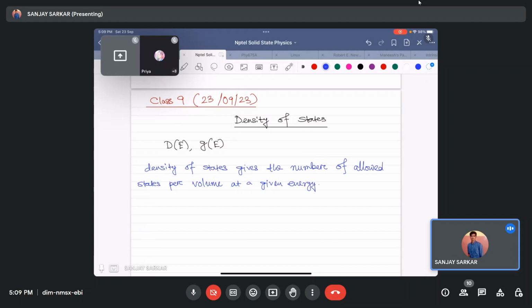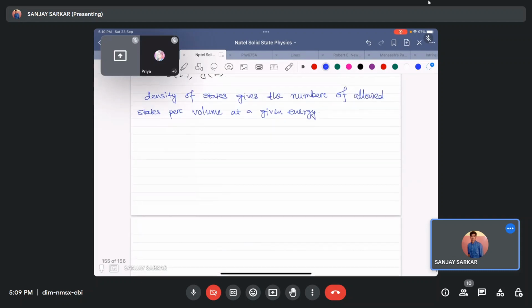So it will be definitely a function of energy because it gives the number of allowed states per volume at a given energy. So we are going to calculate density of states for parabolic dispersion relation in 1D, 2D and 3D.